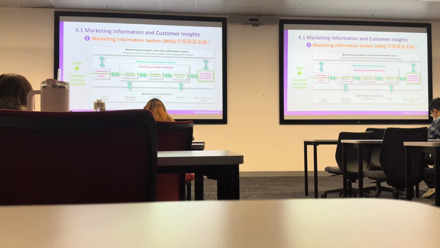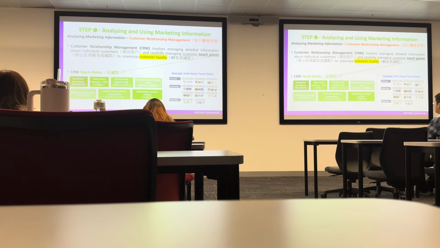So we now come to the last step, the green rectangle part about the analysis and the usage of our information. When we talk about the last step to manage our information, we have to manage our customer relationship.